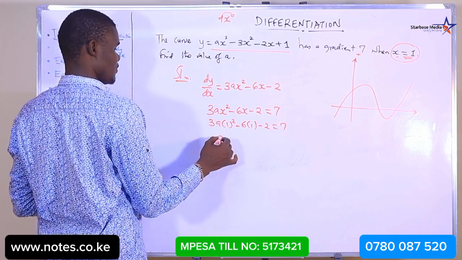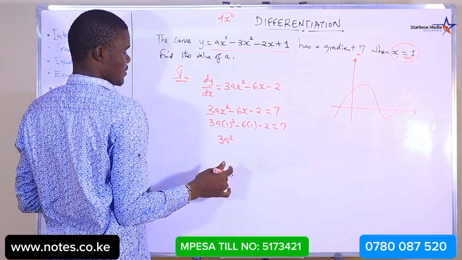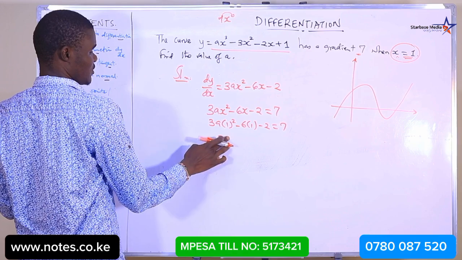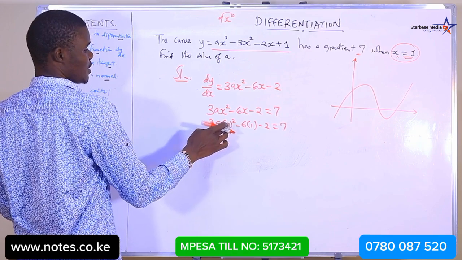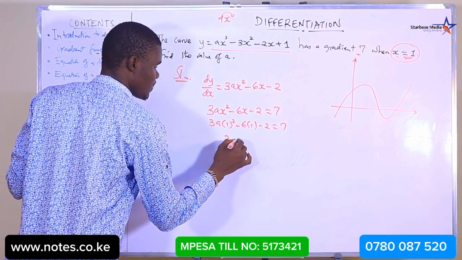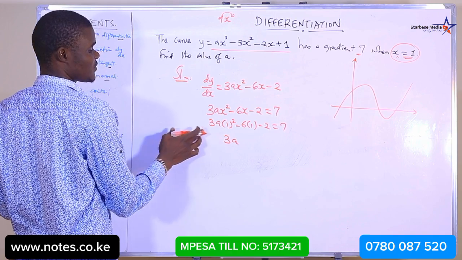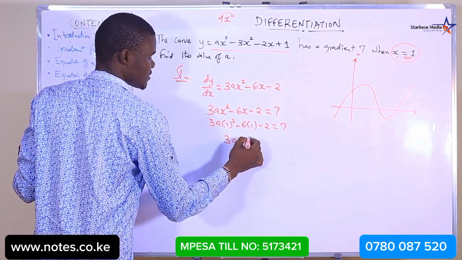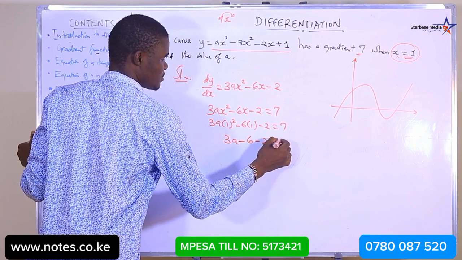This will give you 3a. 1 squared is 1, so you already have 3a here, because 1 squared is 1 times 3a is 3a. Minus 6 minus 2 is equals to 7.